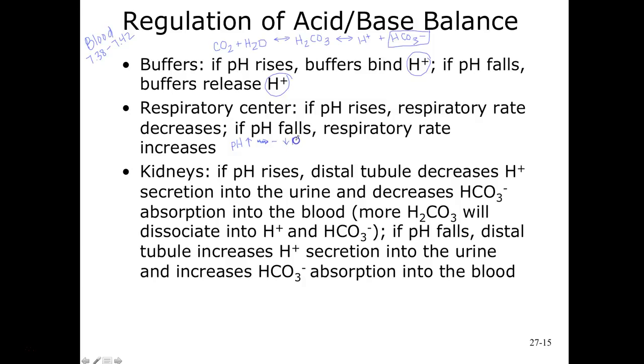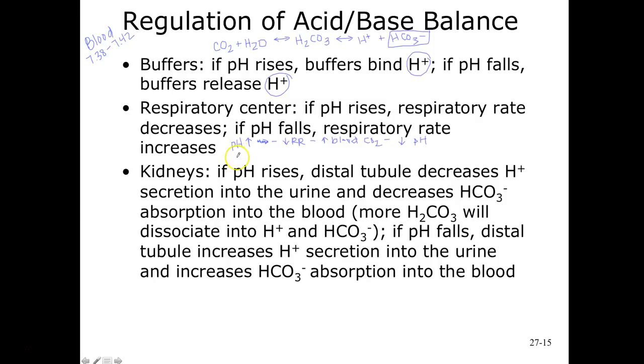What that means is we're going to decrease our respiratory rate, and that is going to cause a rise in our blood carbon dioxide. When we get that rise in blood carbon dioxide, that is going to cause a decrease in our pH.